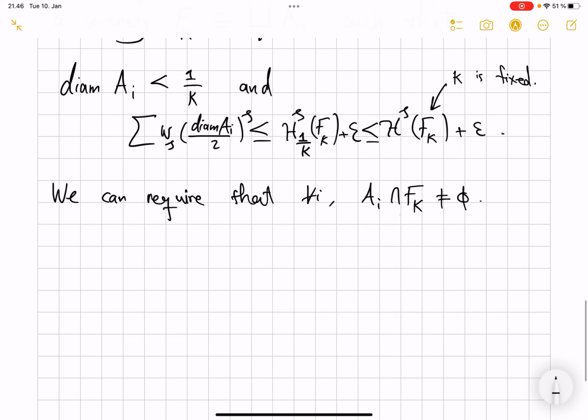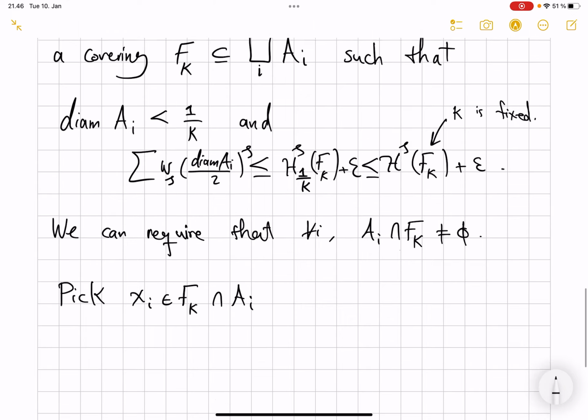But here, why is this important? Because we want to pick points from this intersection, and we will use that to recover our estimates, to bring in our estimates.